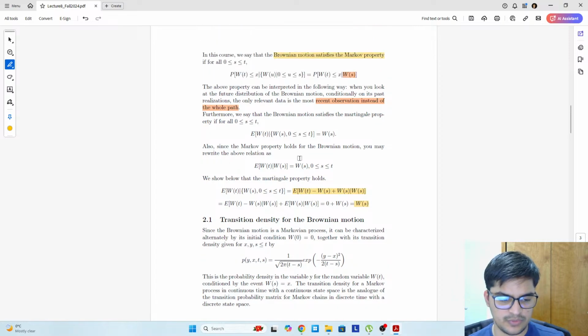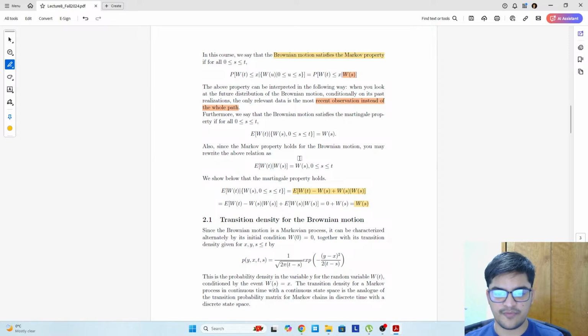two things about Brownian motion. The first thing it says is that, given n processes, the n plus 1th process depends on the latest process that has happened, about which we know.